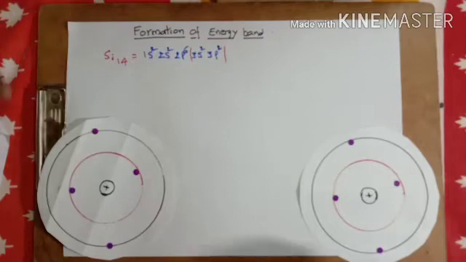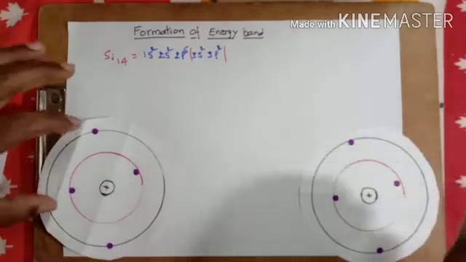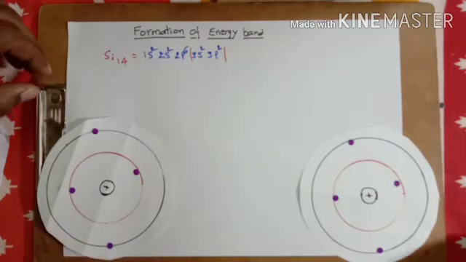Alright, that we understand. Now let us try to understand how the energy band forms in silicon when it crystallizes, when all the atoms come together to form a crystallized solid structure. Alright, so here we go.